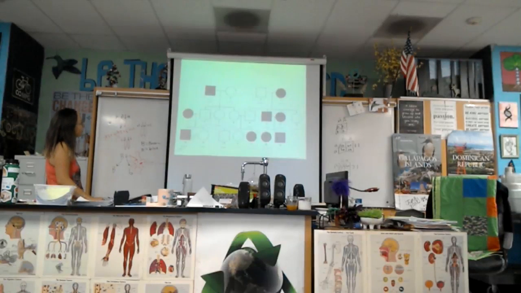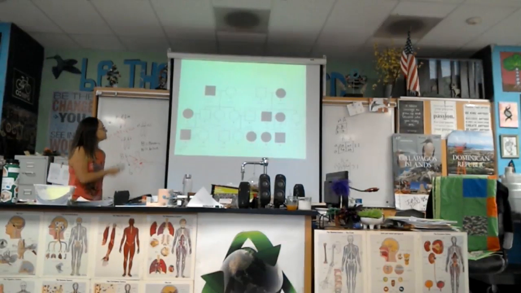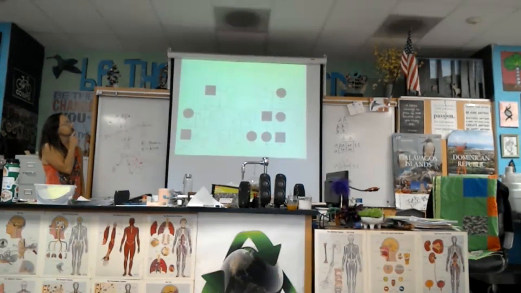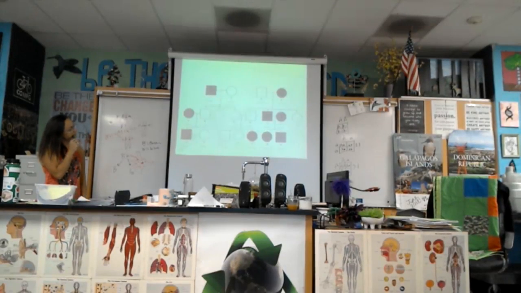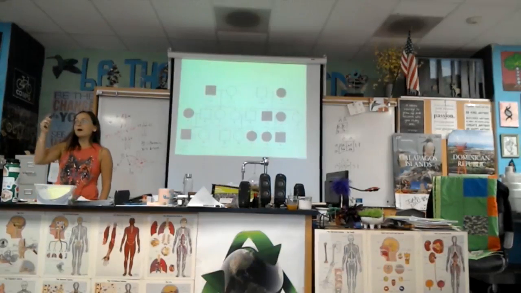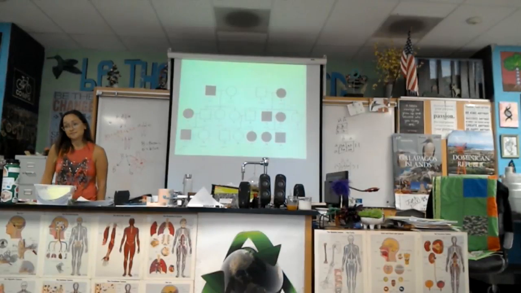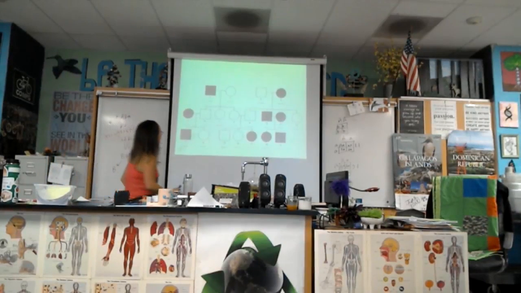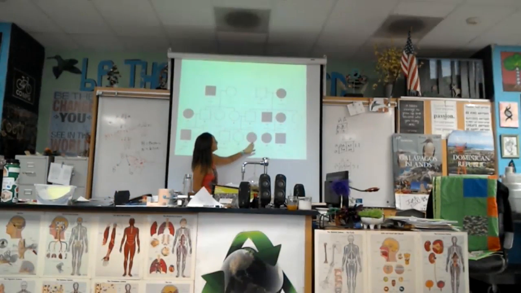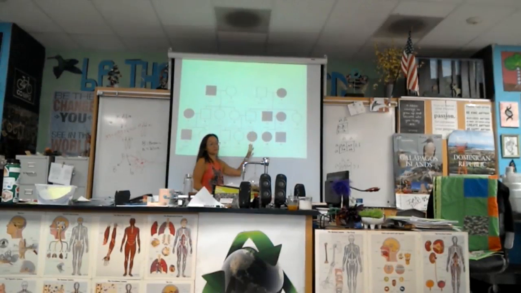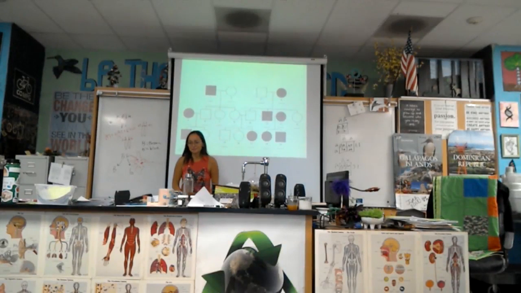In this one, what do you think? There's one pairing that lets us eliminate a lot of our choices. It's this one right here that will tell us that it's recessive.